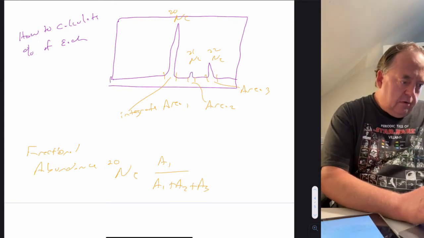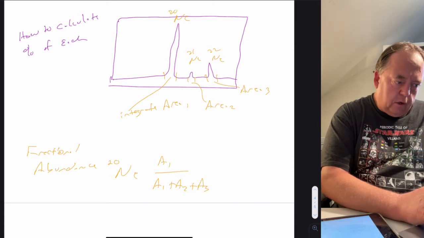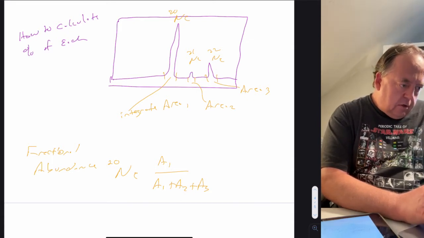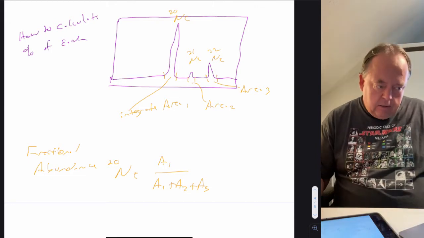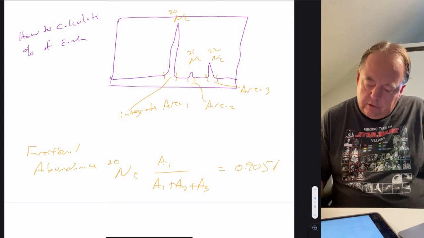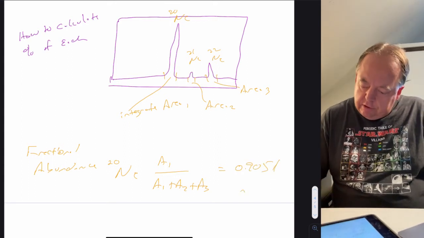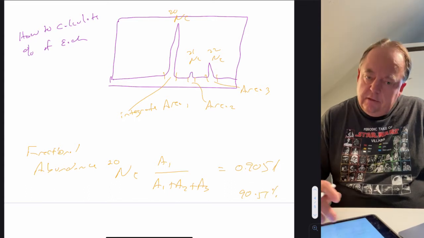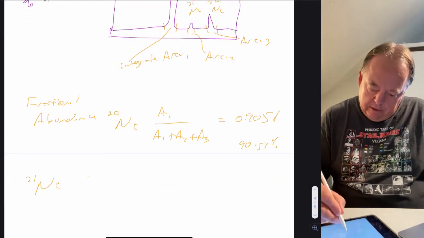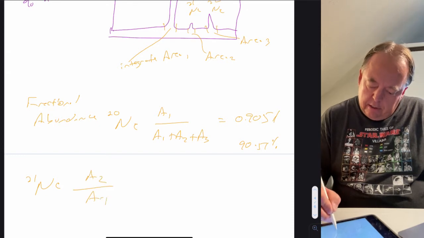The software can do this for you. If you tell the software to measure those areas and take the ratio, then it'll tell you for neon 20 it's 0.9051. So neon 20 in nature is 90.51%. And then for neon 21, you would take area 2 divided by the total area.